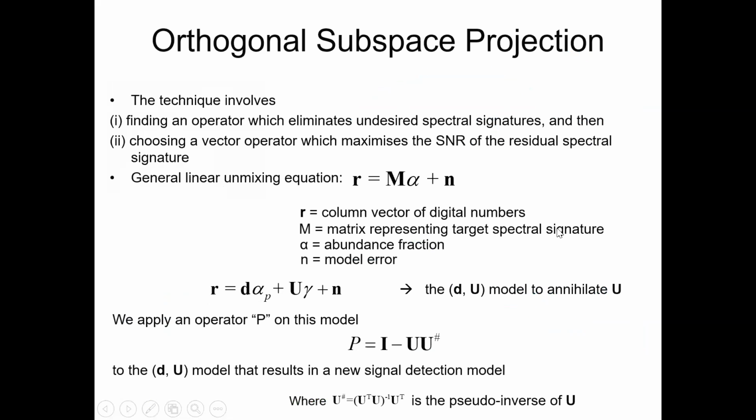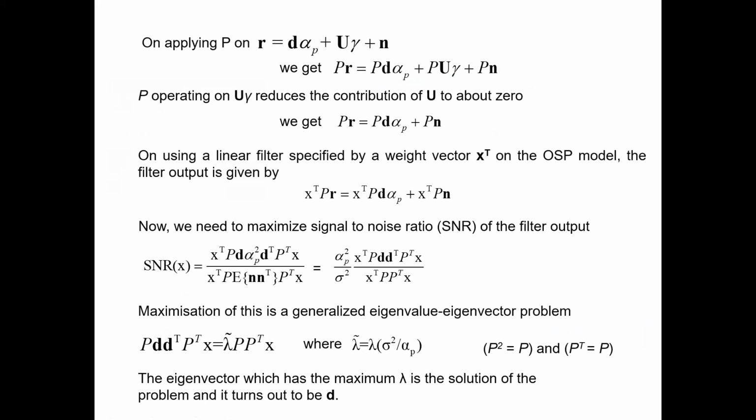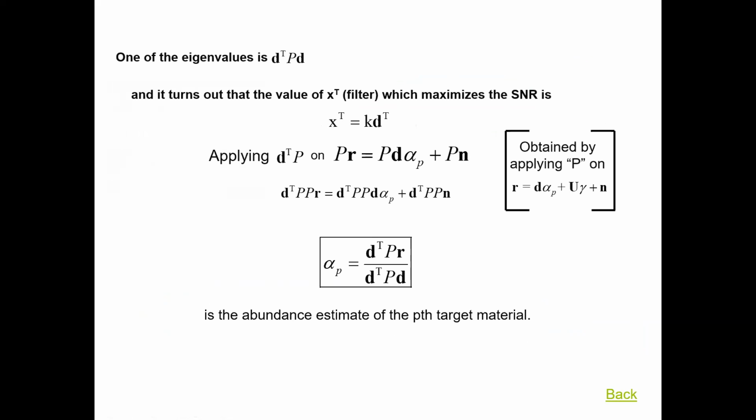Here he proposed a model called the DU model. D stands for the desired signal, U stands for the undesired signal, and he talked about maximizing the signal to noise ratio. Skipping some of the details, he finally came up with an equation, alpha p, here at the bottom, which gives us the proportion of the target material at a particular instance of time.